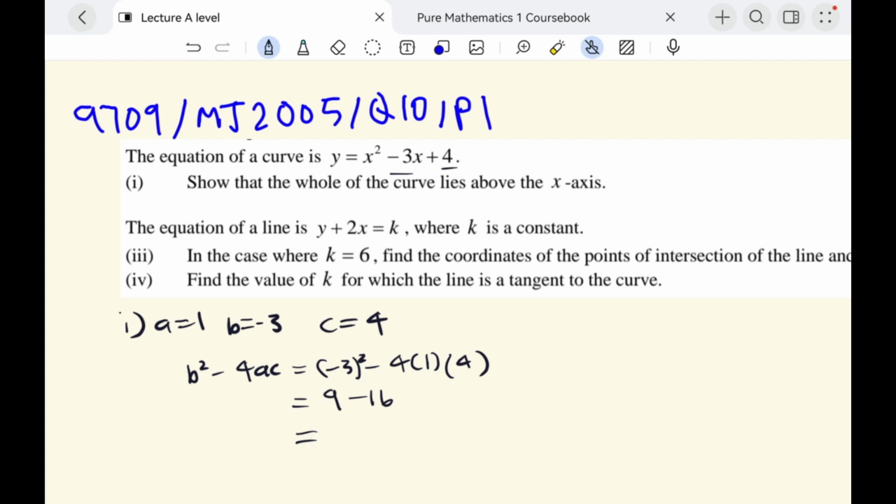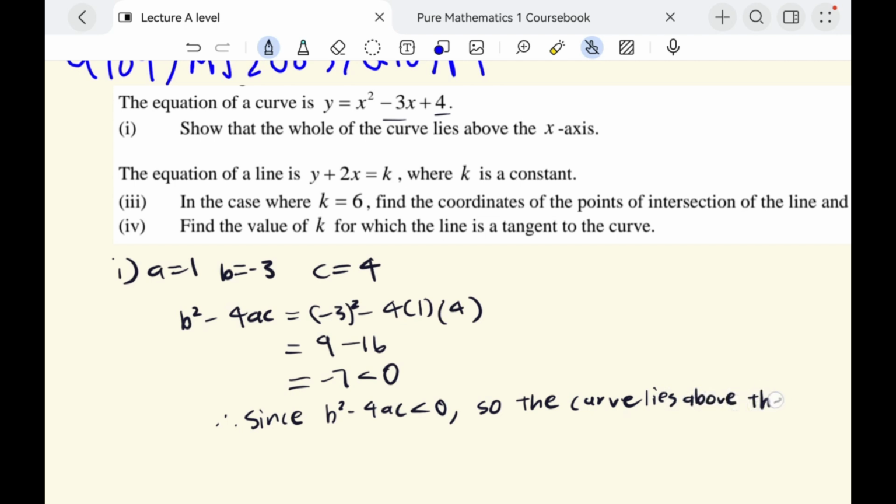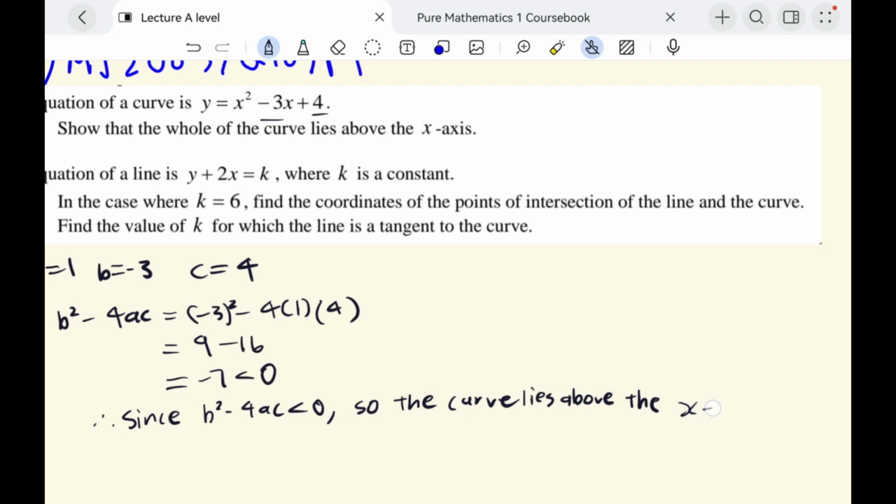Yeah, it confirms it is negative. So you have -7, which is less than 0. Okay, since your discriminant is negative, the curve lies above the x-axis. So the discriminant has shown that the entire curve lies above the x-axis.